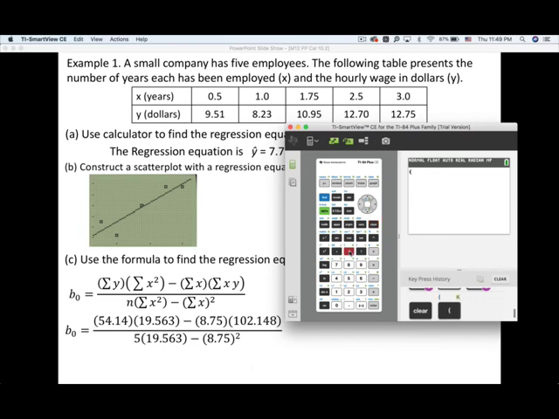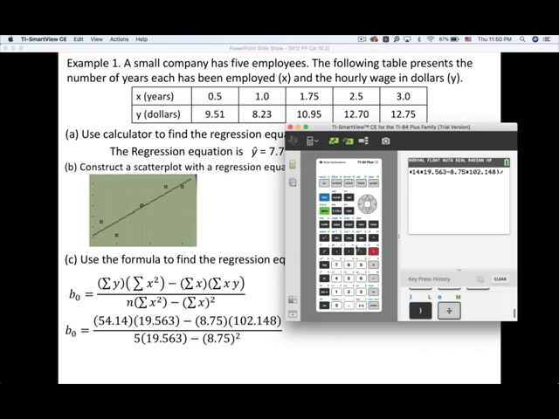So I'm gonna do parenthesis 54.14 times 19.563 minus 8.75 times 102.148, close parenthesis.